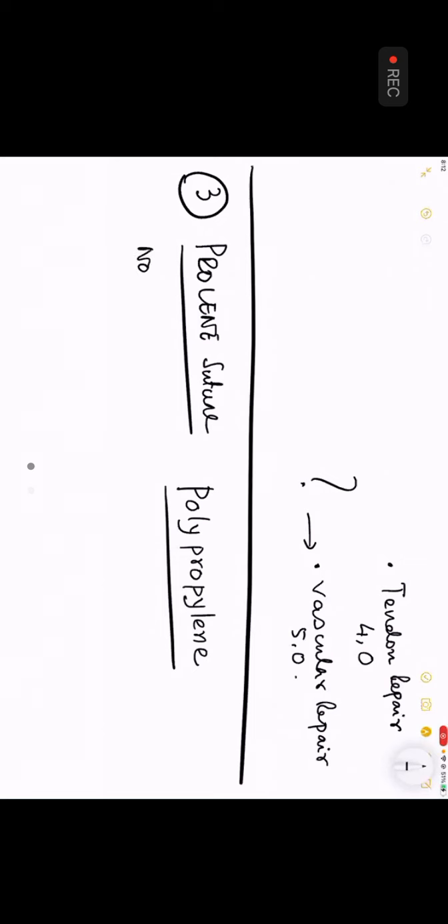The suture is non-absorbable. The color of the suture is usually deep blue. Some people call this a magenta color.